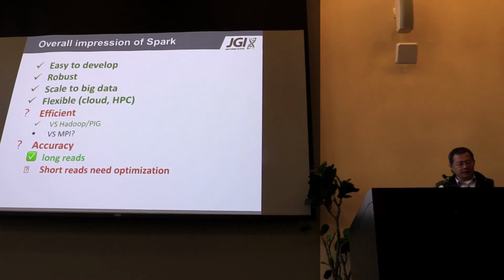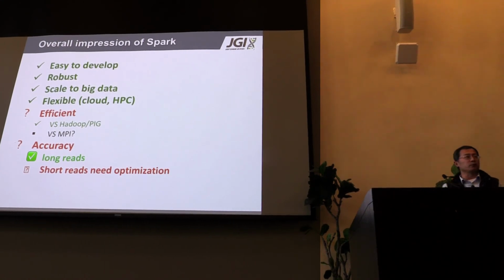I'm going to stop here just to summarize our early experience with Spark in genomics. The first most impressive thing is that it's pretty easy to develop. The ability to write in Python and Scala and have an end-to-end solution in a matter of days instead of months, versus MPI, is a big factor for us.